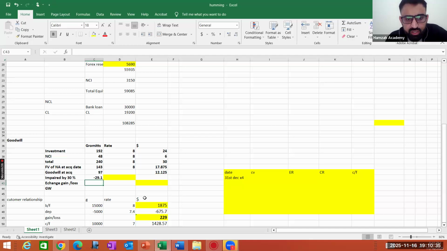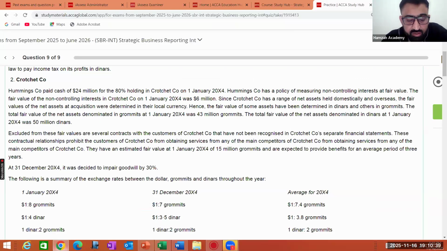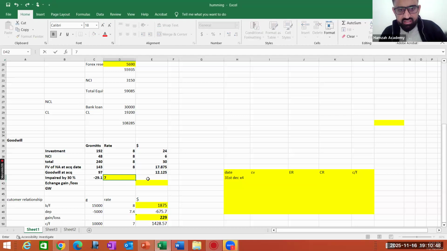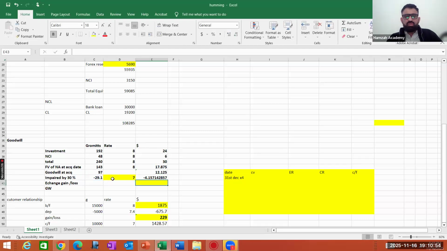Now, the goodwill is also impaired by 30%, which is 29.1. As mentioned in our question, at year end, the goodwill is impaired by 30%. So it will be translated using the exchange rate at the year end. So in terms of dollar, it is impaired by 4.157.